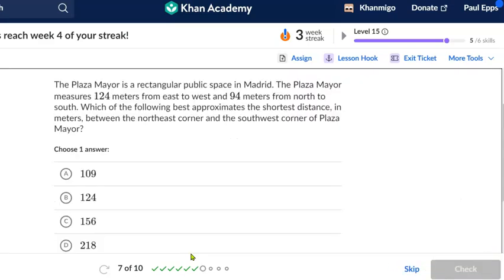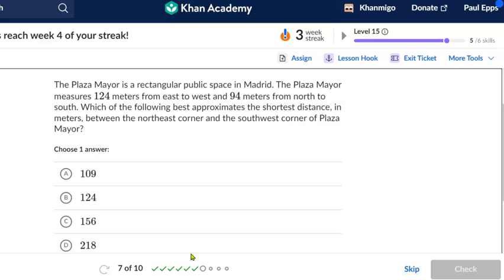The Plaza Mayor is a rectangular public space in Madrid. The Plaza Mayor measures 124 meters from east to west, 94 meters from north to south. Which of the following best approximates the shortest distance in meters between the northeast and the southwest corners?